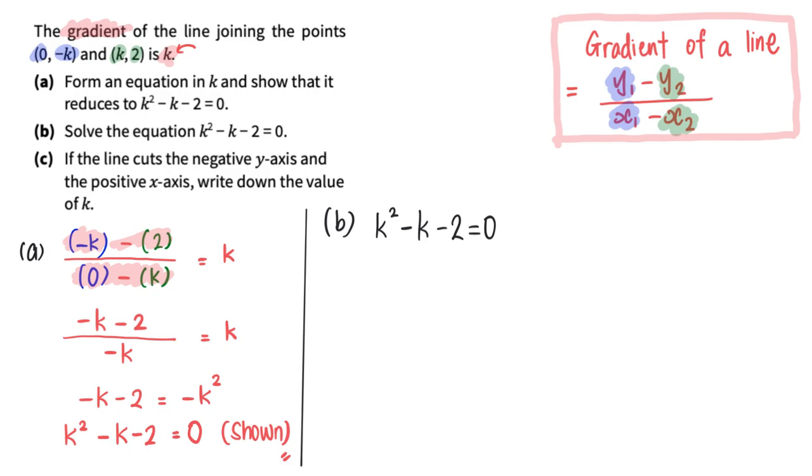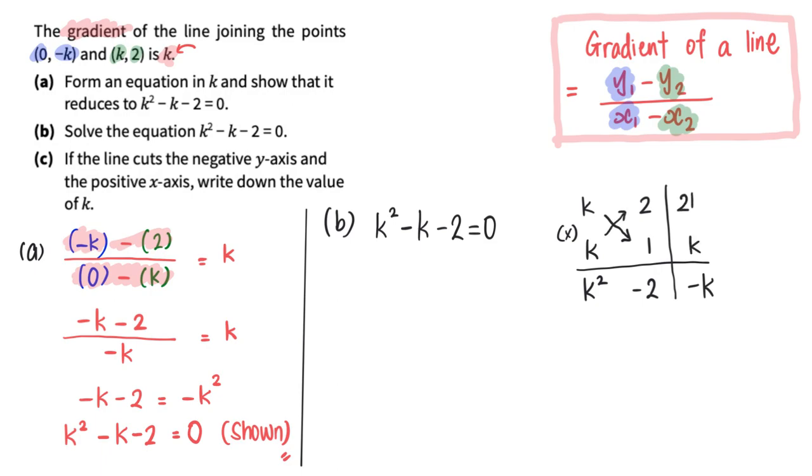So I'm going to make use of my cross chart to solve for this. So I'm going to place my k squared and my negative 2 here, and my negative k here, so that k times k will be equals to k squared. 2 times 1 is negative 2. It's positive 2. But when I multiply, then 2 times k is 2k.